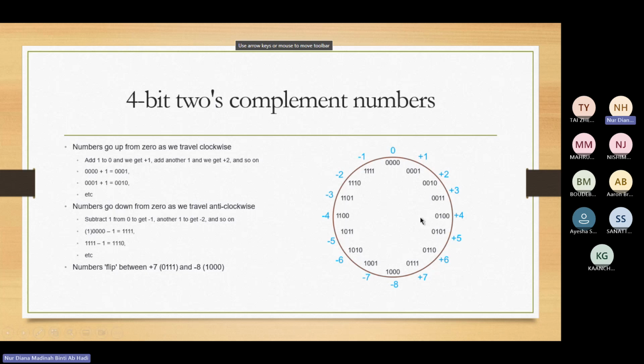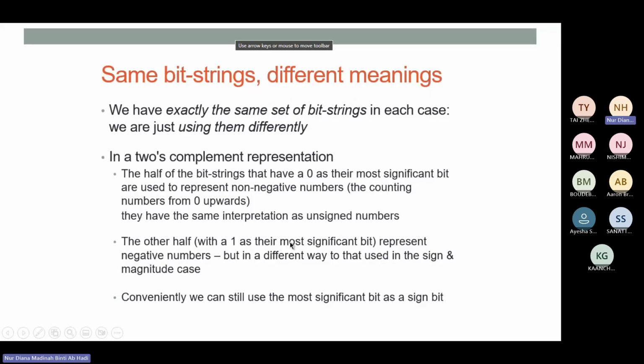So as you can see here, 0 to positive 7, negative 1, negative 7 to positive 0. So each of them will travel either way. And you're going to have a number flip between positive 7 and negative 8. Okay? So the same bit string, but you have a different meaning.